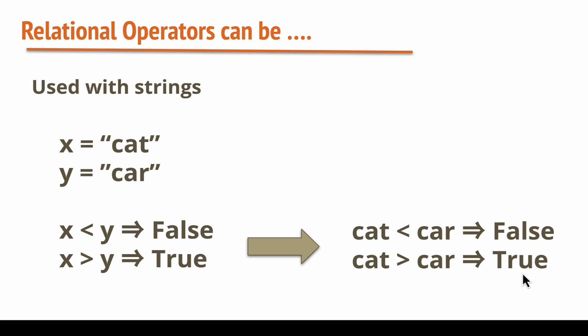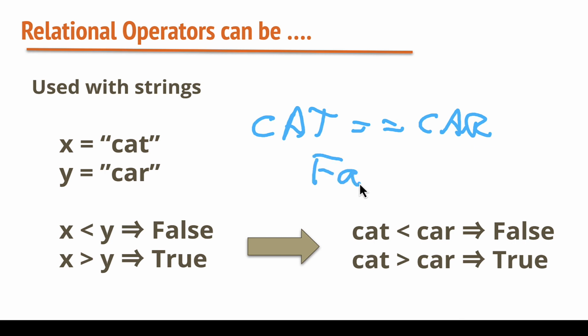We can also utilize things like this, that we can say is cat equal to car, and that's obviously going to translate to a false situation because obviously they are not matching. So those are the different things.